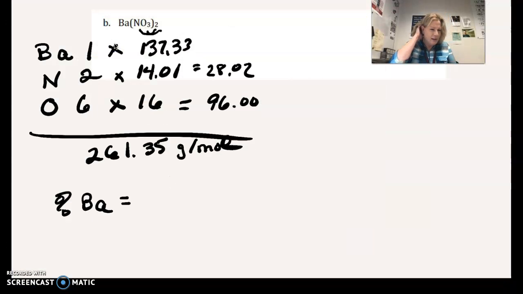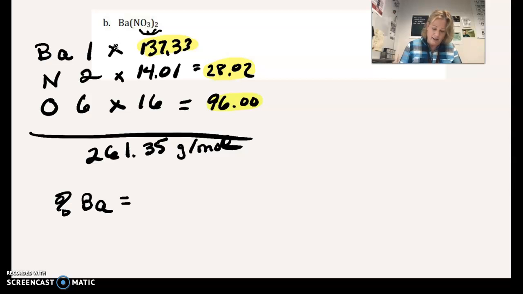This is one of the problems on your worksheet: determining the molar mass and the percent composition of barium, nitrogen, and oxygen in barium nitrate. The first thing you would have to do is calculate the molar mass of the whole compound. You can see how I'm doing these little sub-calculations and showing my work just so it goes really quickly.